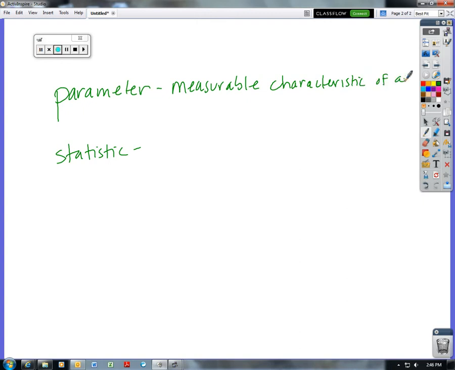The population is key there. And a statistic is a characteristic of a sample. So it's a number that summarizes data from a sample.